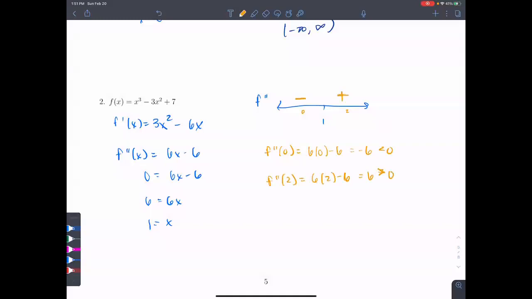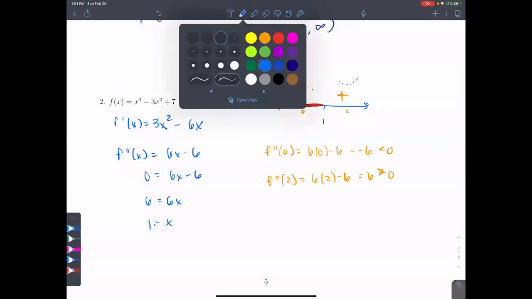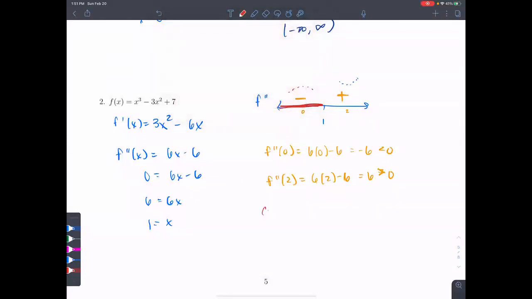So we have, this is concave down like a frown. This is concave up like a cup. Concave down like a frown from negative infinity to 1.